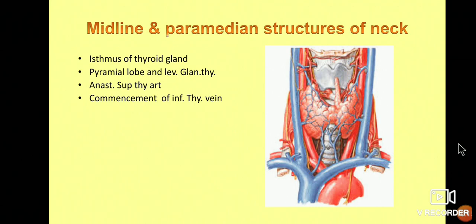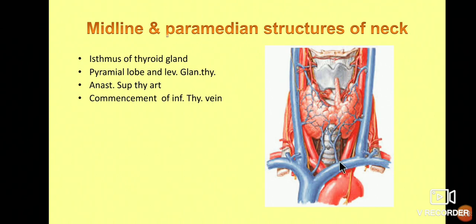Now why? Actually, a knowledge of these structures, especially the anterior midline, is necessary. Now, all the viscera in the cervical region are situated in the anterior midline. Thyroid gland, trachea. Behind the trachea, you have the esophagus.